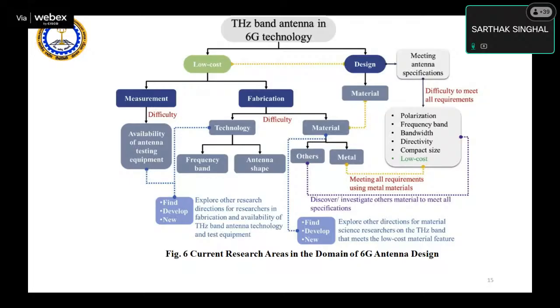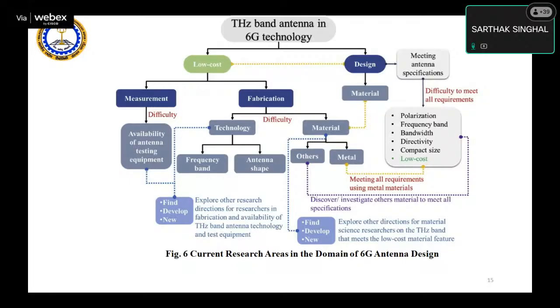This is one of the challenges from the perspective of material. And in case of technology, the problem is with the frequency band and the antenna shape. If your geometry is complex, you cannot fabricate it. And if the frequency band is not covered, then there is no use of that fabricated prototype.